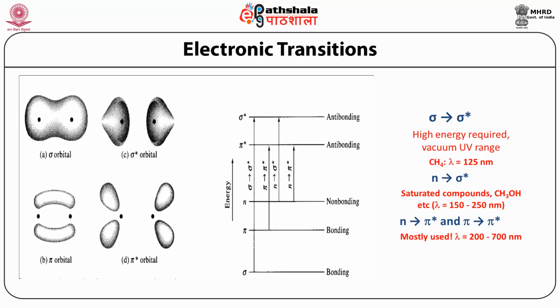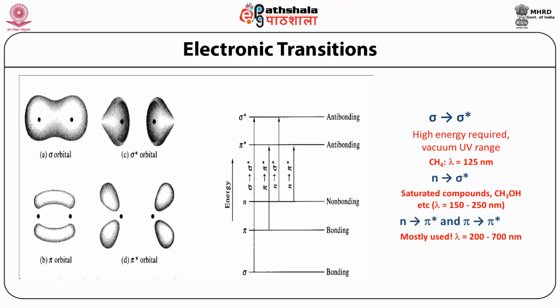Often, but not always, the reverse, a red shift, is also seen for pi to pi star transition. This is caused by the attractive polarization forces between the solvent and the absorber, which lower the energy level of both the excited and unexcited states.